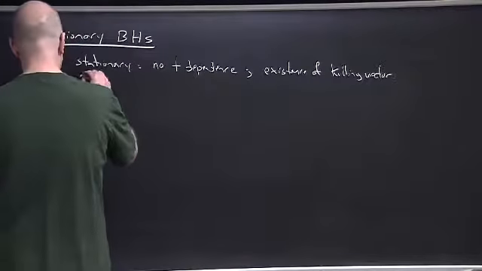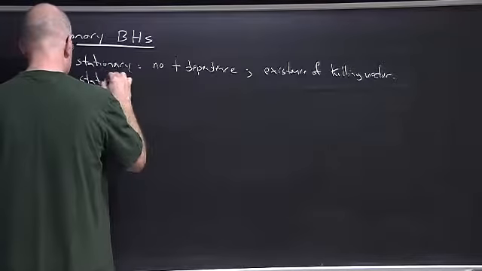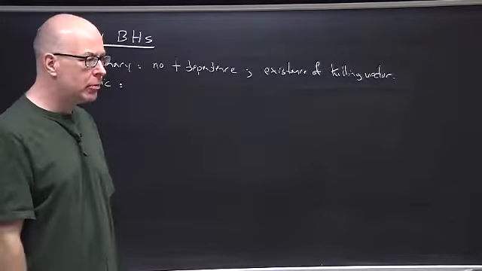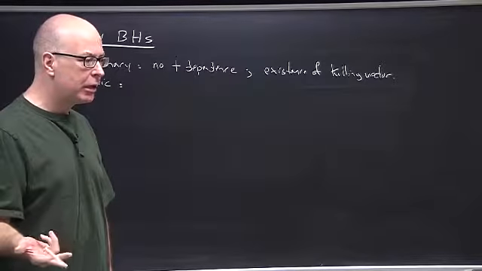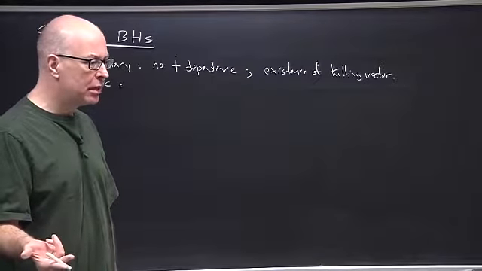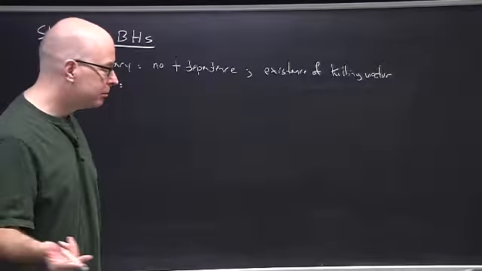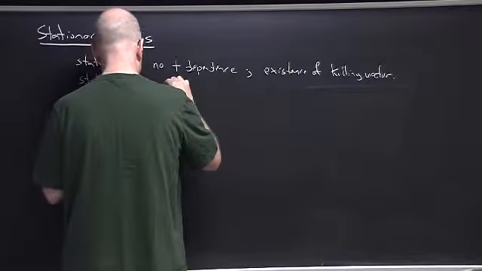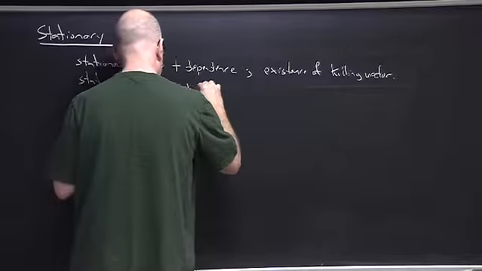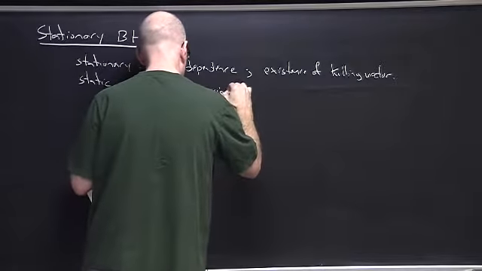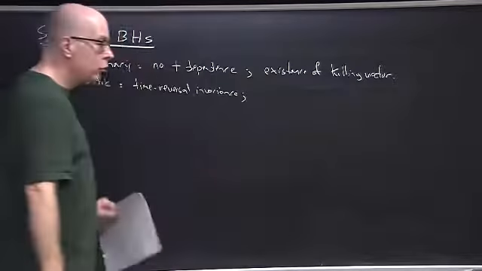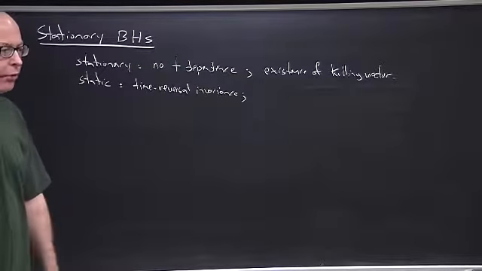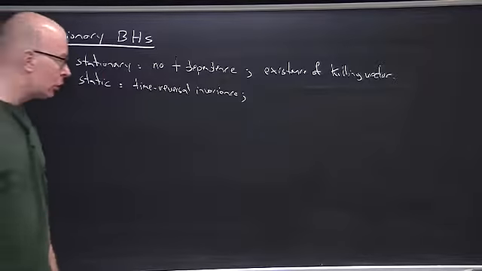A static spacetime is a particular case of a stationary spacetime where you also demand that not only is the metric time independent, but the metric also has to be time reversal invariant. The fancier version of this is to say that the Killing vector that we had to begin with will be hypersurface orthogonal.